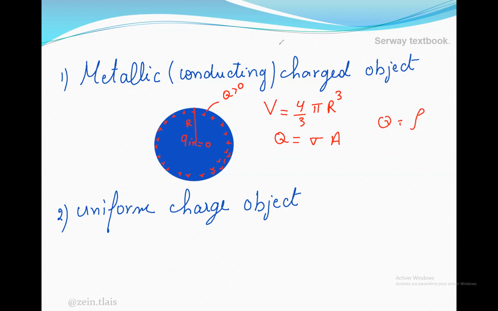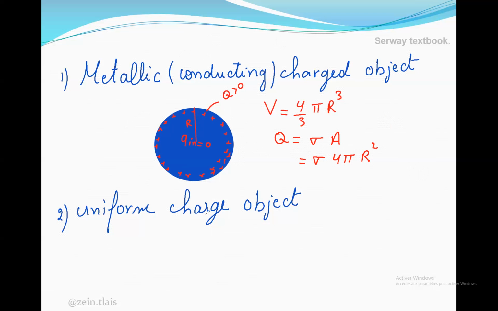Okay, the distribution is on the surface. In this case, we can write Q equals sigma A, the area of the surface where you have the charges, equals 4 pi r squared. It's very important.